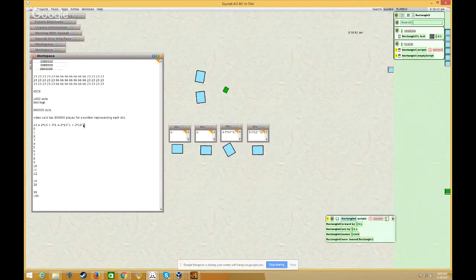So the 3 is in the ones place. You can also call it the 0th place in the number. It's the place where we put the ones. The 10's place is where the 2 is. You can also call it the 1st place, or the 1 power of the base.